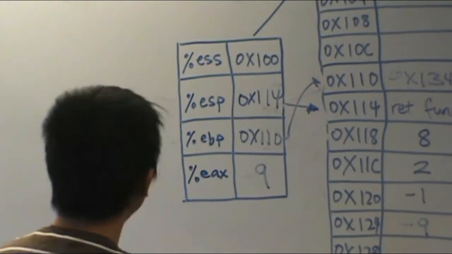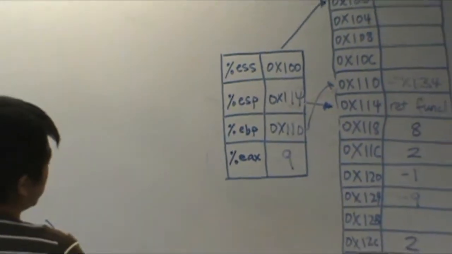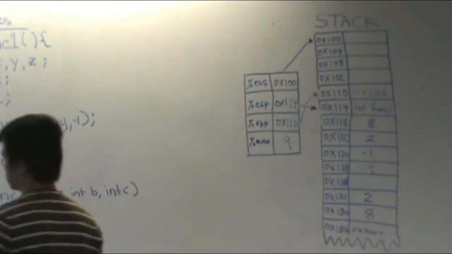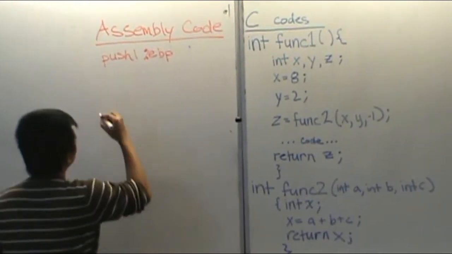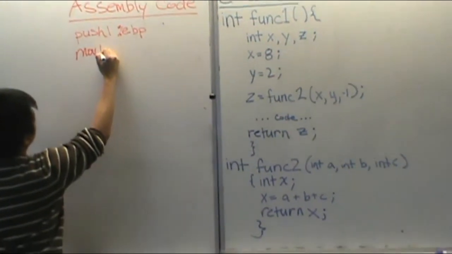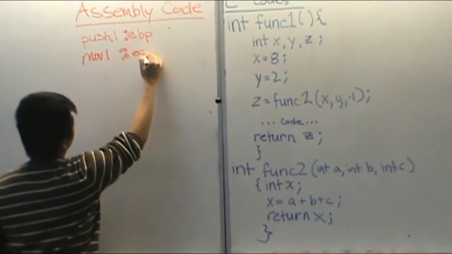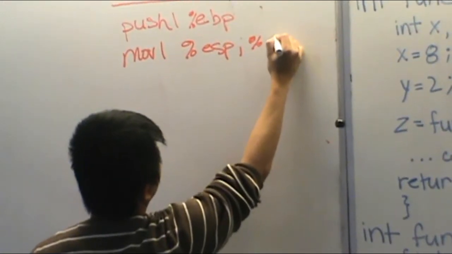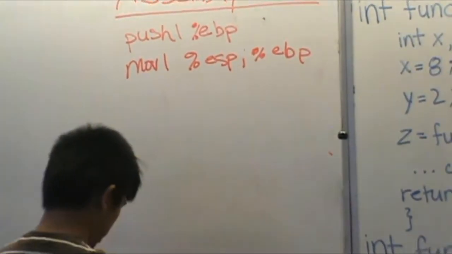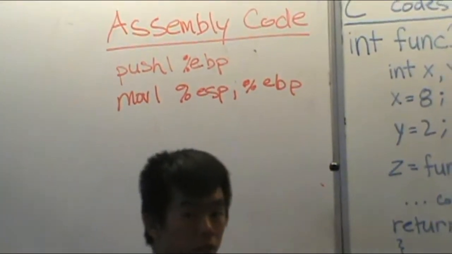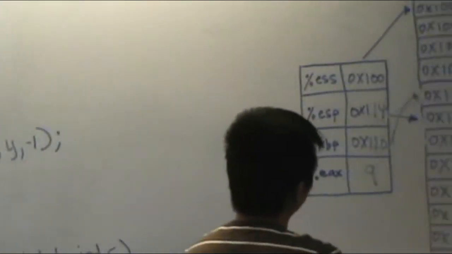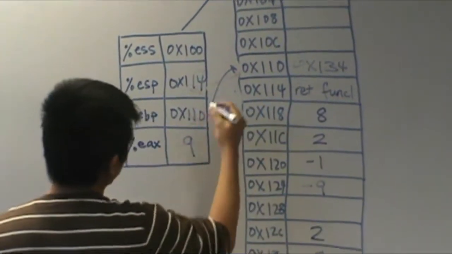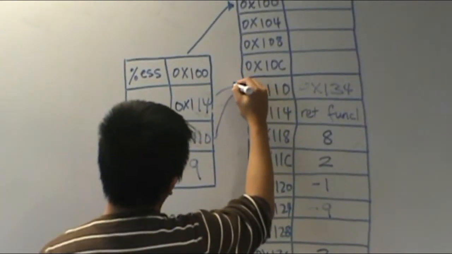Next, we will move ESP to EBP. This will move this pointer to where EBP is.